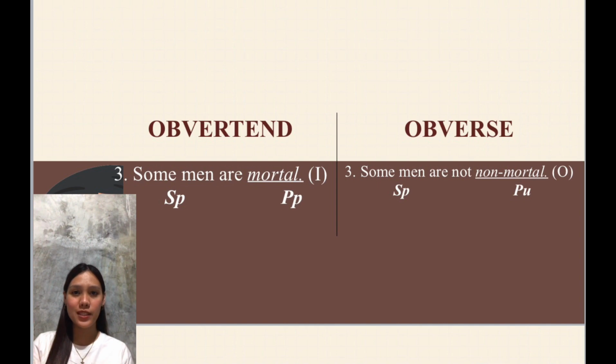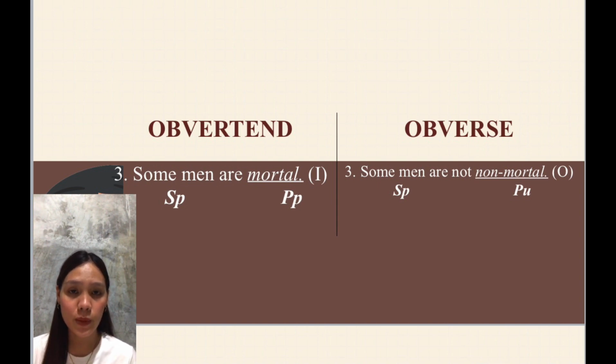Third example: some men are mortal, which is the obvertend, and some men are not non-mortal, which is the obverse. So let the obvertend be an I proposition of the form, some men are mortal. Then, to obtain its obverse, men would be the subject of the obverse. Mortal being the predicate of the obvertend, non-mortal would be the predicate of the obverse.